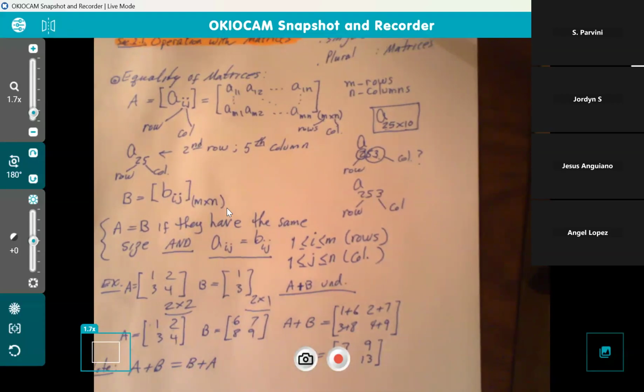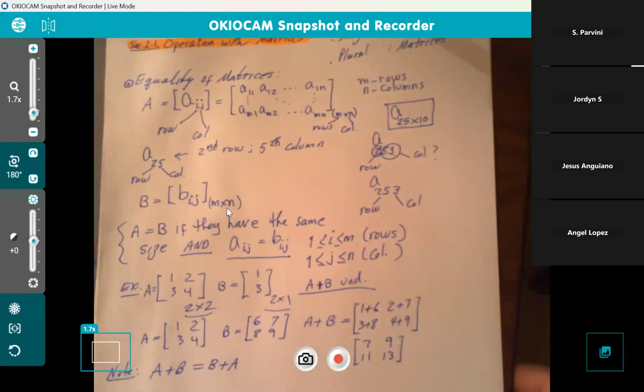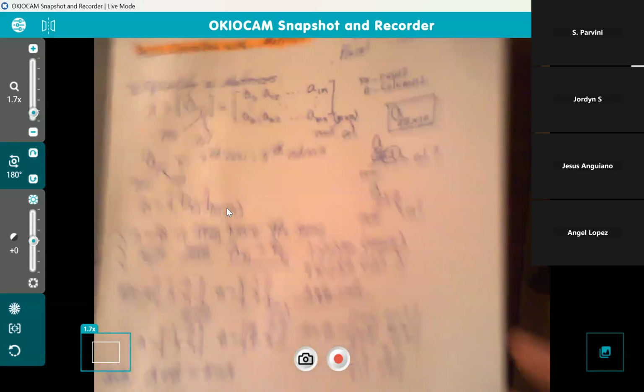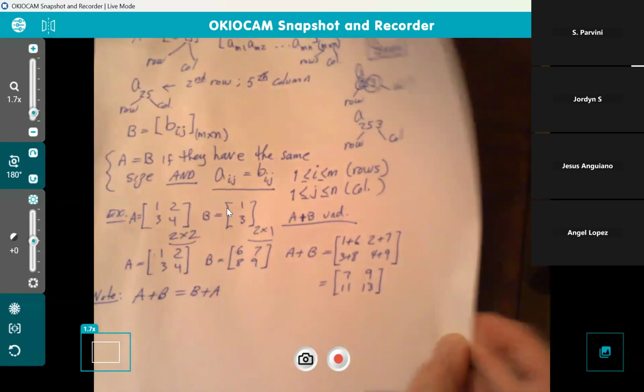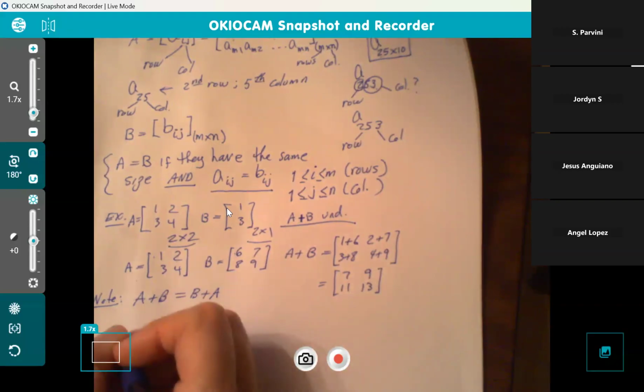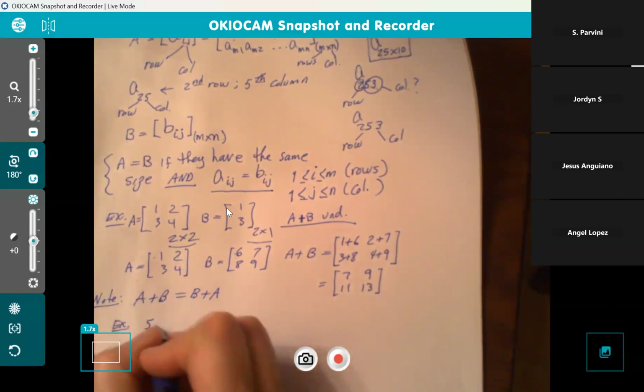Okay. Now, matrix subtraction. What do you think? Do you think matrix subtraction would be commutative? Addition is. How about subtraction? So for example, just think about it in terms of numbers, an example with just numbers. Suppose I have 5 minus 3.